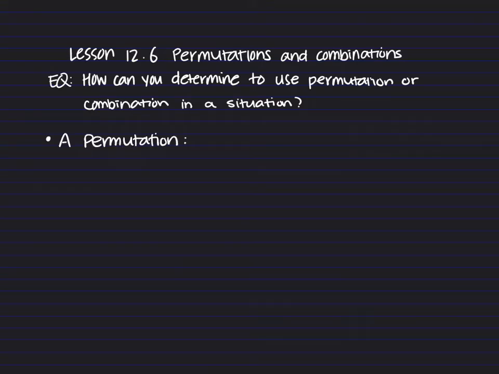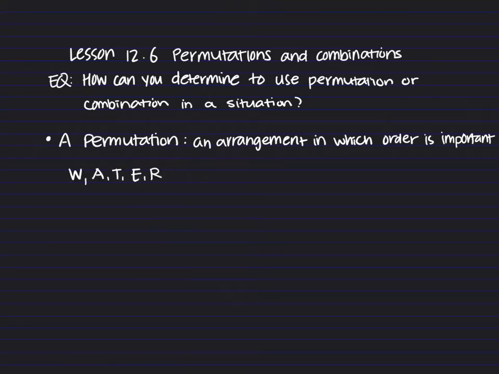First, a permutation is an arrangement where your order is going to be very important. It basically means that you're going to ensure that certain things are going to come in a certain order. You're not going to mix things up. Okay, so let's say we have 5 letters to create a word, and in this case I have W-A-T-E-R to create water.